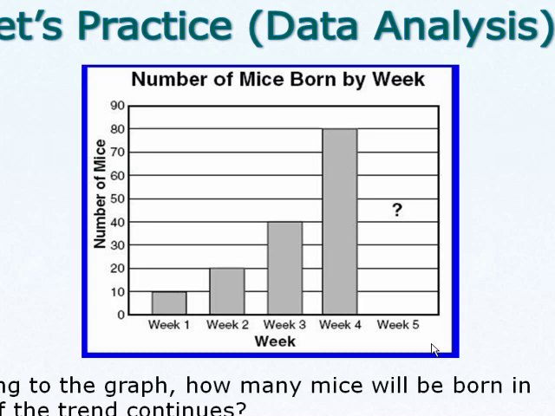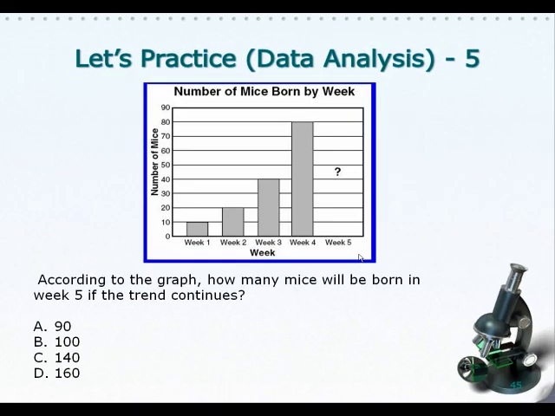Week 4, 80. And by analyzing this and looking at the data, we can see that each week the number doubles. So we can say that the number of mice born in week 5 should be 160. So D is the correct answer because it will double 80 and also follow the previous weeks' trend.